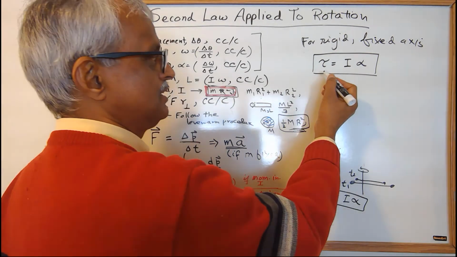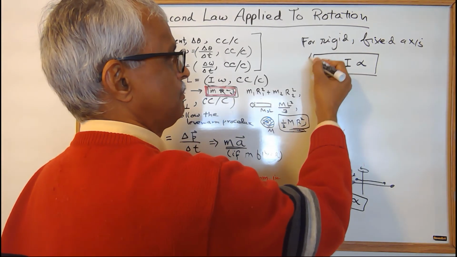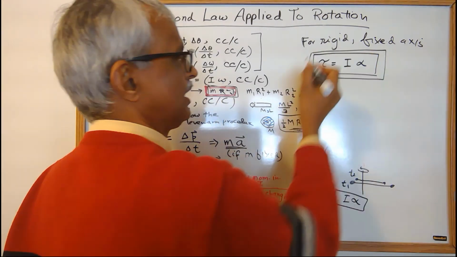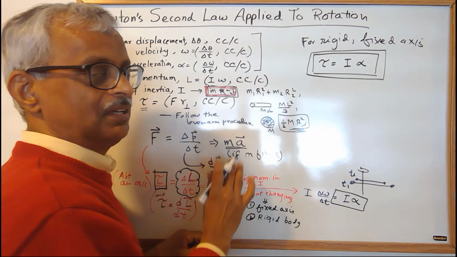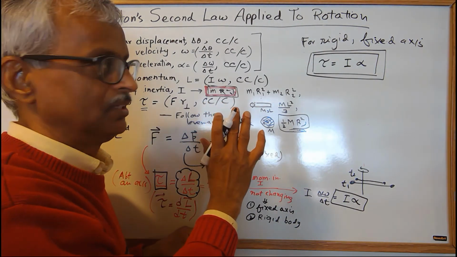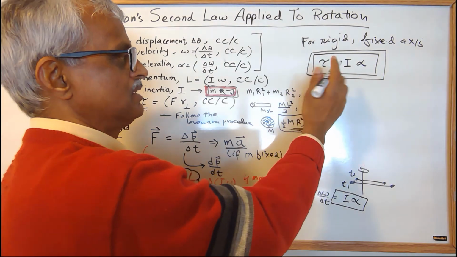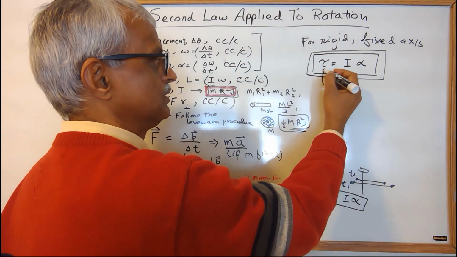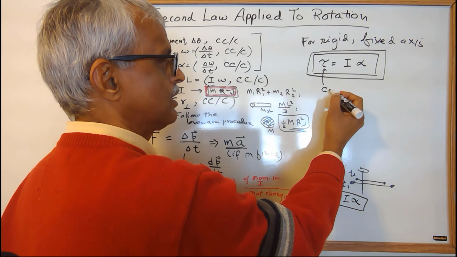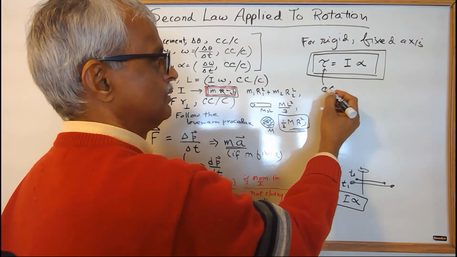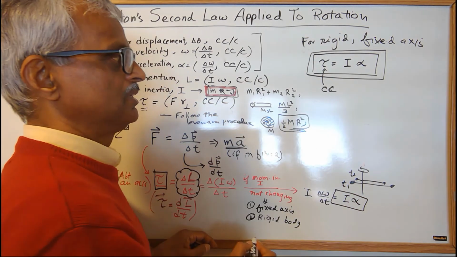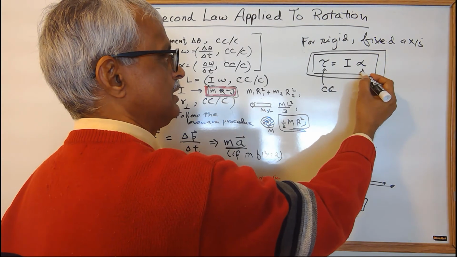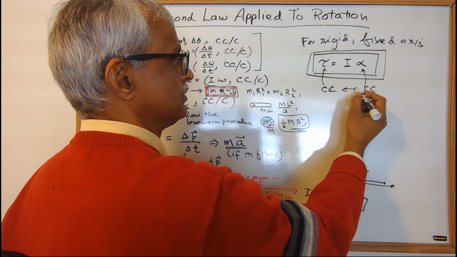Okay, so you can see a couple of things. I didn't write vector here, but it's also a vector equation. So for instance, when you look at the direction, if this has a counterclockwise sense, then alpha will be counterclockwise also.